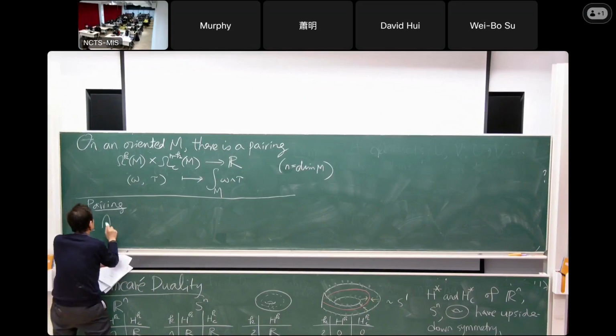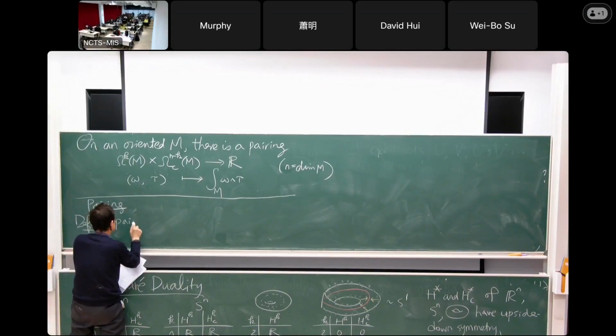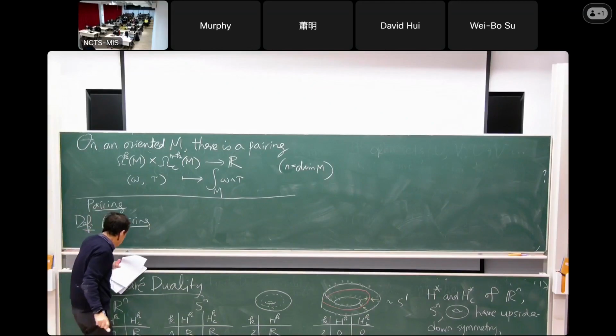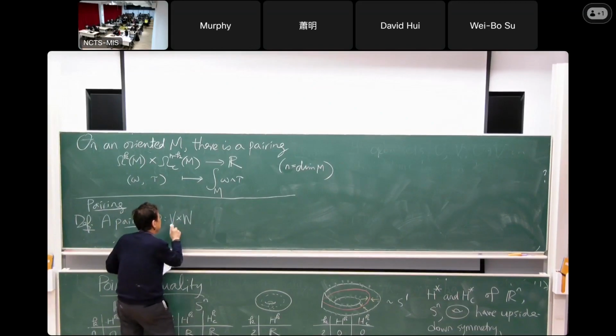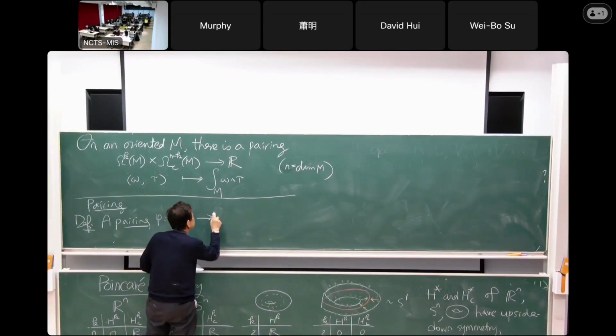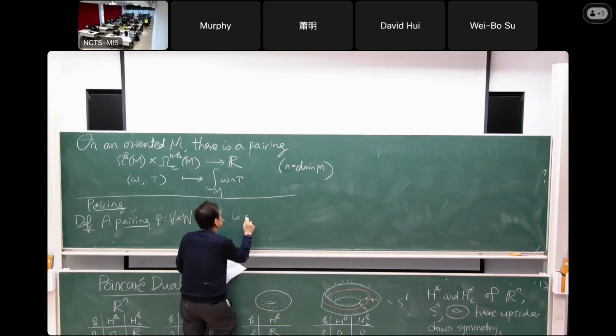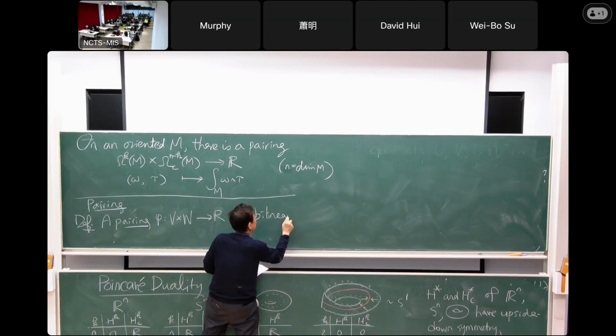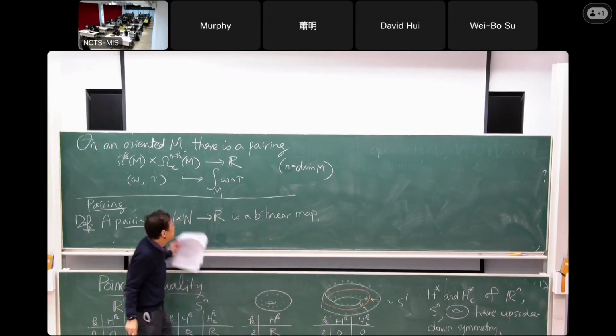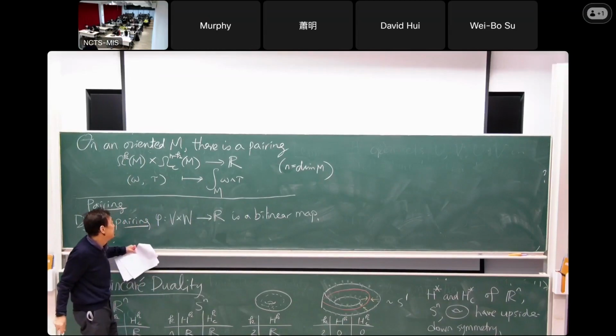So a pairing of two vector spaces is just a bilinear map. That means it's linear in each argument.